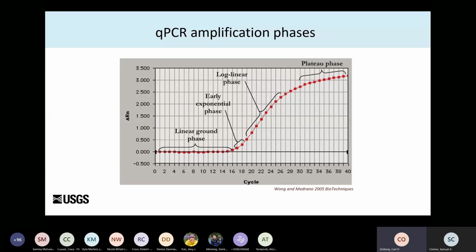This is a really important phase, and we want high efficiency in PCR to ensure doubling of the product. Then we go into the linear phase, which occurs as the reagents begin to be consumed and the reaction slows, and then we get into the plateau phase at the top as reagents become exhausted.